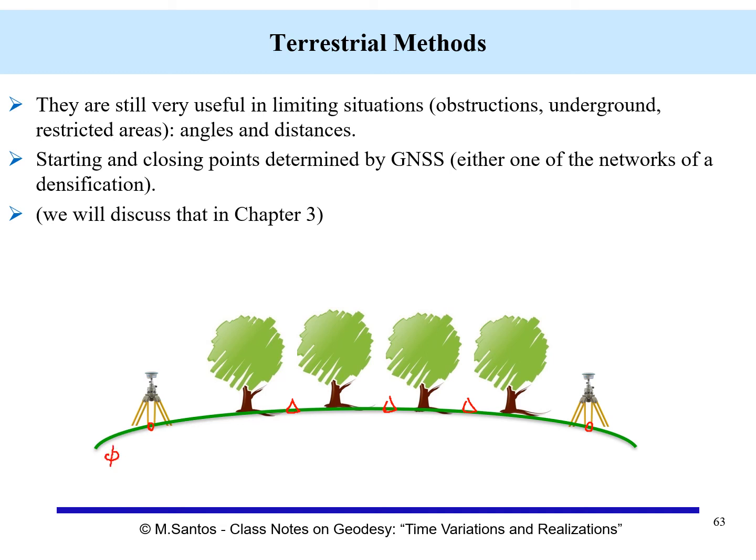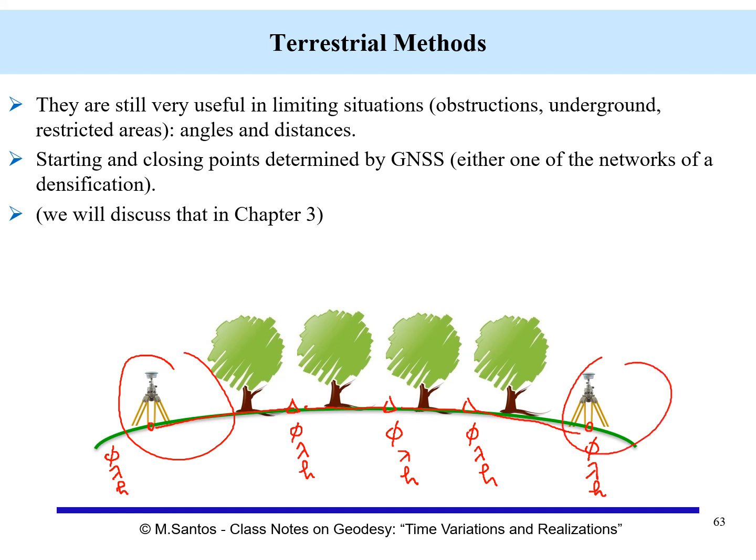So in this case, we have basically latitude, long, and height of these points, that we can transform to mapping and make the adjustment of this traverse using mapping coordinates, or we could determine everything in geodetic coordinates, it doesn't matter. But all of that is going to be related to the frame that was defined by these known stations here. We're going to discuss this type of use of terrestrial method in our chapter 3.